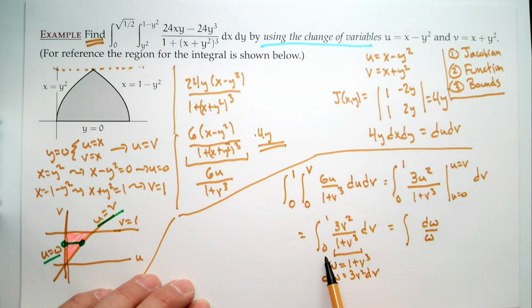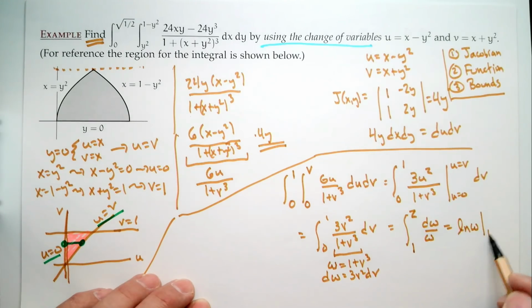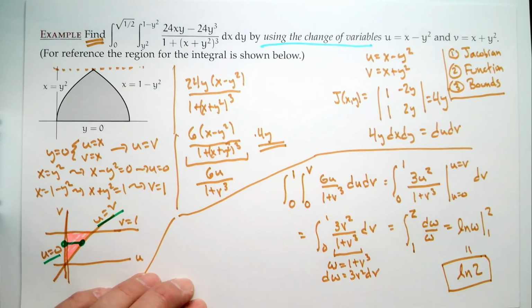Now we have to update the bounds. When you plug in v equals 0, you get w equals 1. Plug in v equals 1, you'll get w equals 2. So this becomes log of w from 1 to 2, which is log of 2 minus log of 1. But log of 1 is 0, so our final answer is log of 2.